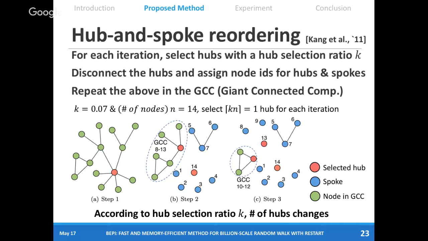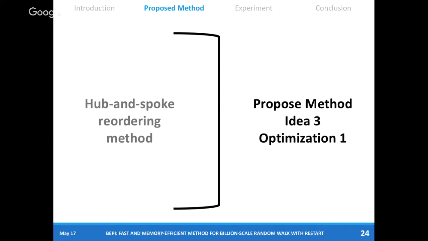The method assigns low node IDs to the spokes, high node IDs to the hubs, and middle node IDs to nodes in the GCC. The point is that according to the hub selection ratio k, the number of hubs selected by the method can change.